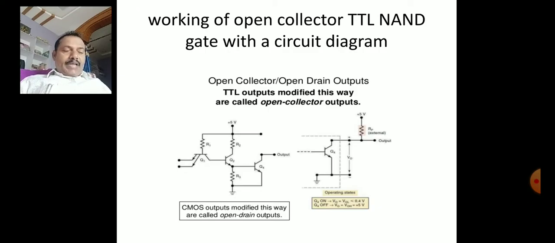Now in the open collector circuit diagram that is shown here, Q3 is used as an emitter follower.